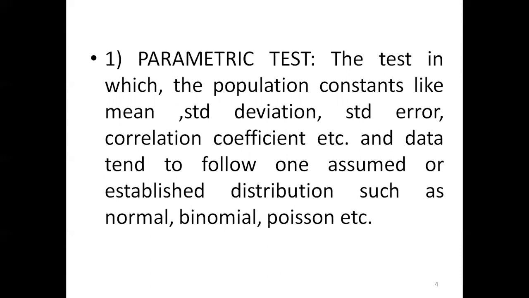So the data follows that, and you are given the population constants like the mean, standard deviation, standard error. Then a parametric test will be applied, like the t-test or the ANOVA and other tests.